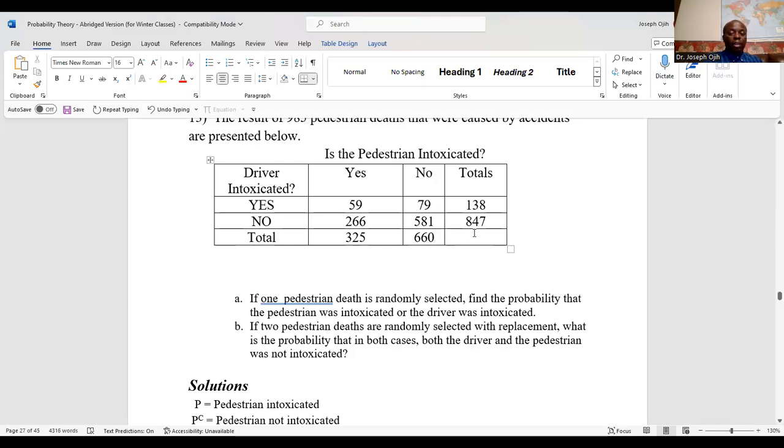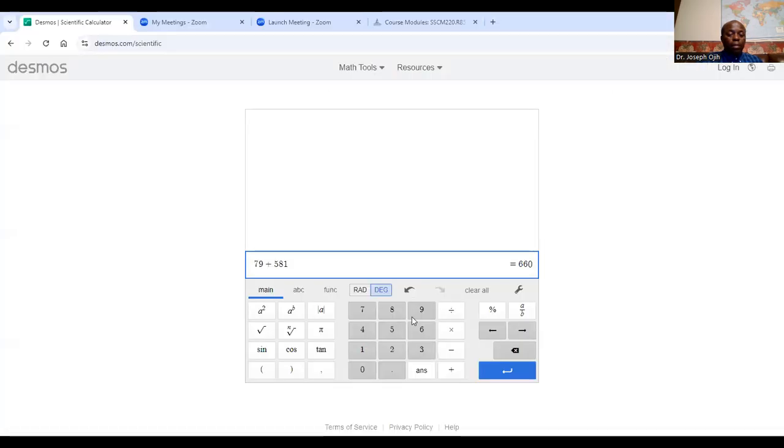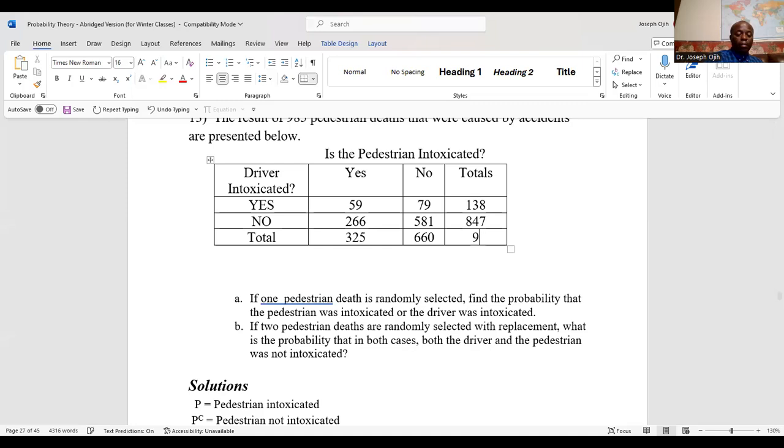Now we need to get the grand total. Either you do 138 plus 847, or you do 325 plus 660. Let's do 138 plus 847, which is 985.